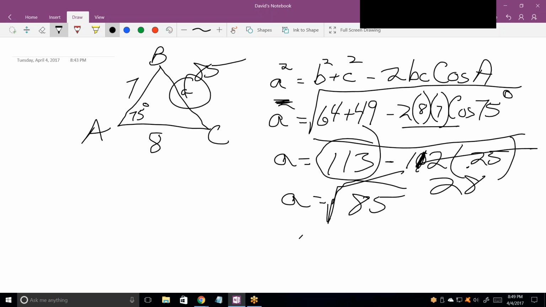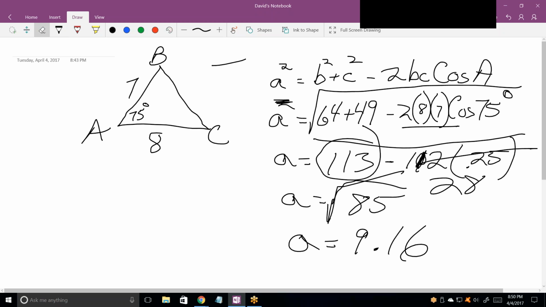That's what our problem was. What's the square root of 85? 9.16. All right, that's what A is, 9.16. That makes much more sense.